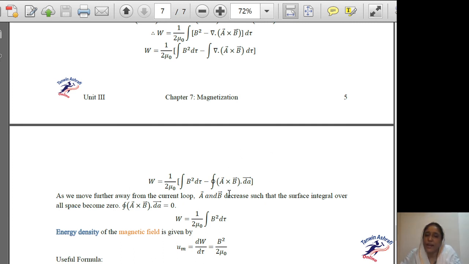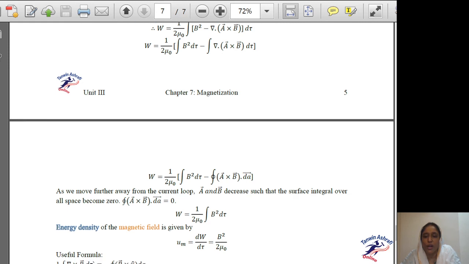The second term vanishes, only the first term remains. That means W is equal to 1 upon 2 mu naught integration of B square over the volume d tau. Now, the energy density of the magnetic field is given by dW divided by d tau, which is equal to B square divided by 2 mu naught.